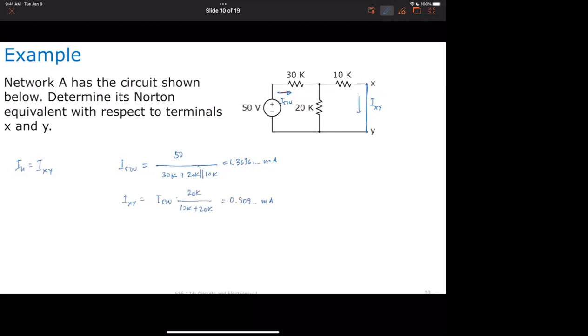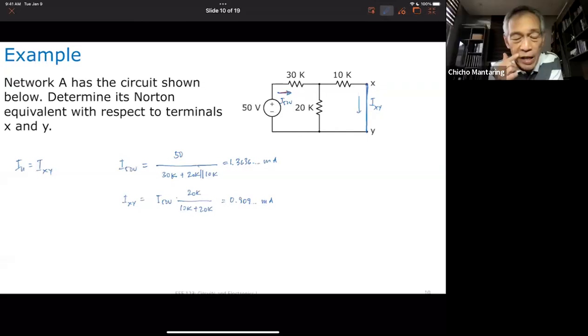Yes. I have a question. Yeah, please. This is not about the concept, but about the engineering notation. Does it mean that if we get an answer like this, we have to convert it to 909 microamperes? Yeah. If we were strict, no, and a lot of handlers are strict about that engineering notation.